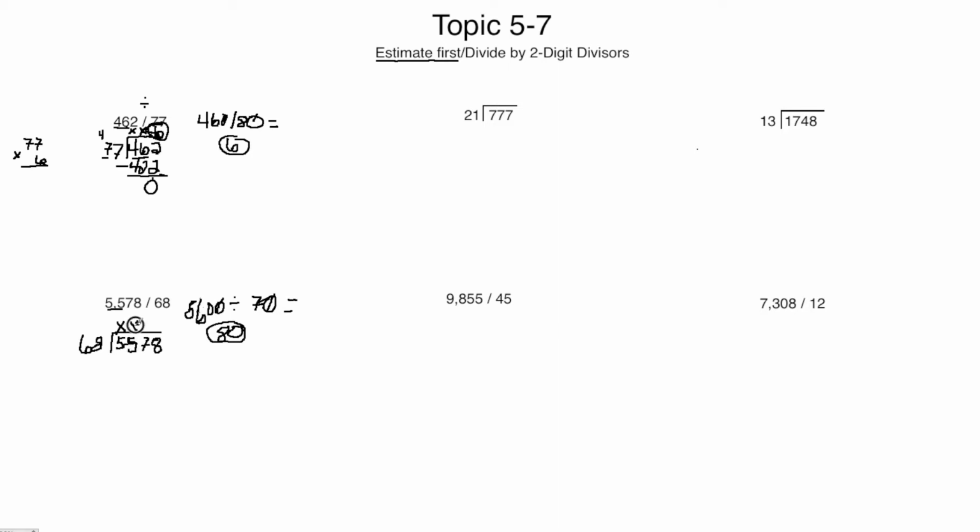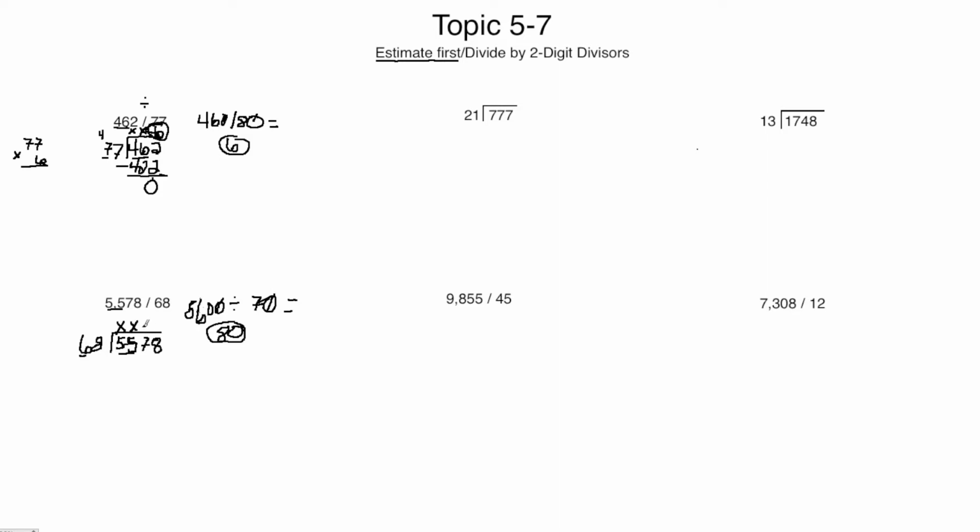No. How many times can 68 go into 557? So I'm going to underline that digit, underline these two digits, and say, how many times can 6 go into 55 without going over? That would be 9 times. But I can tell you right now, 9 times 6 is 54. But you're going to have a lot to carry over, and it's going to go above 55.